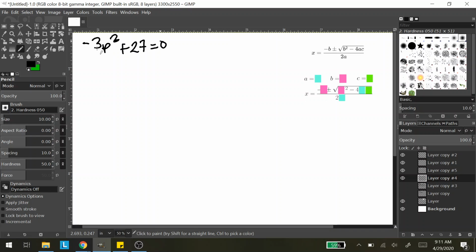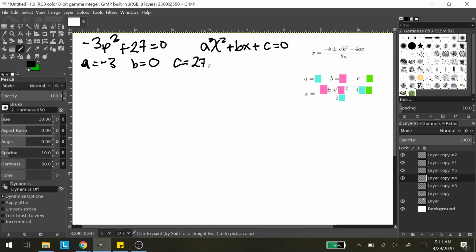So remember, it's always ax squared plus bx plus c. A is with your x squared term, whatever your squared term. So my a is negative 3. My b doesn't exist. There is no middle term that has just a power of 1. So I have no b, but my c is 27.